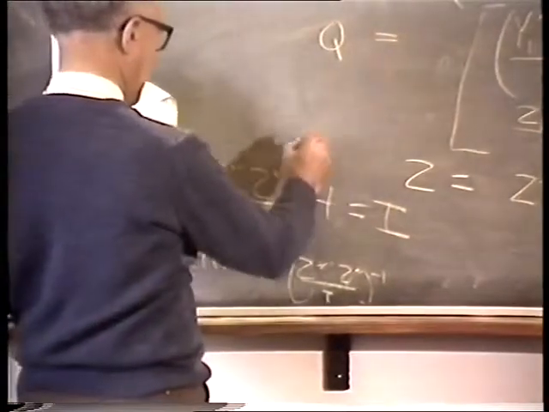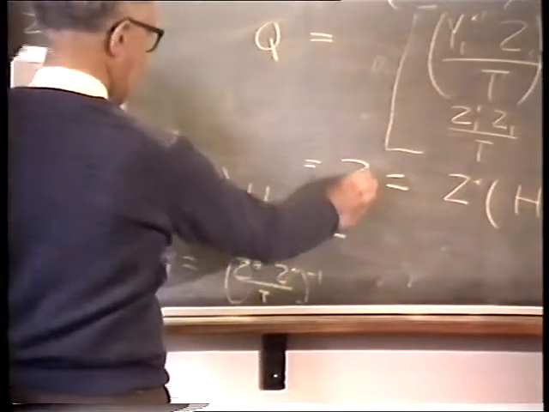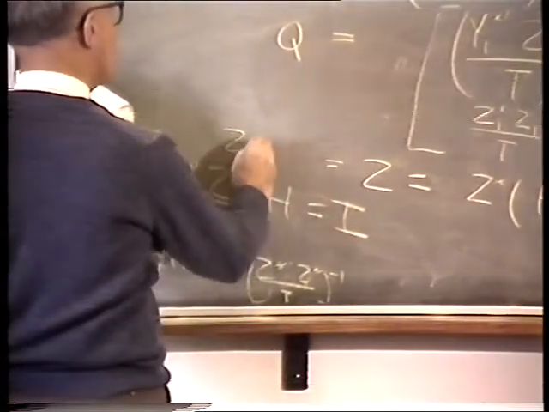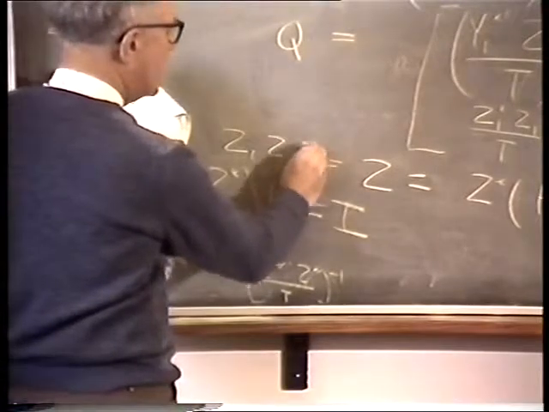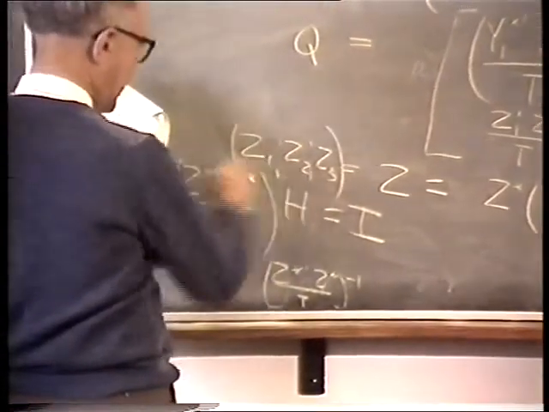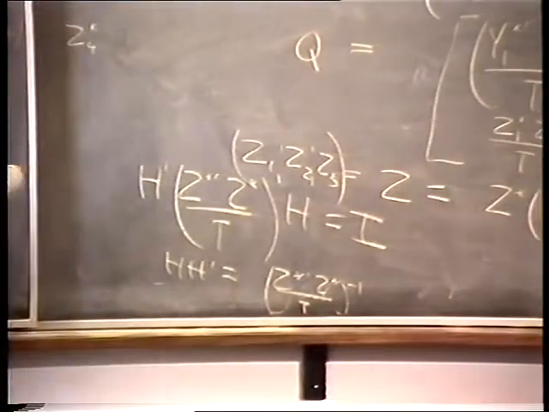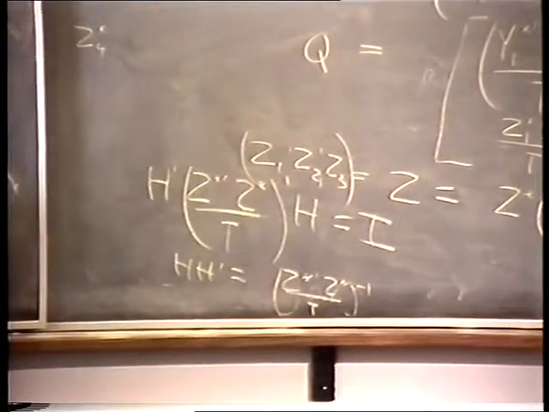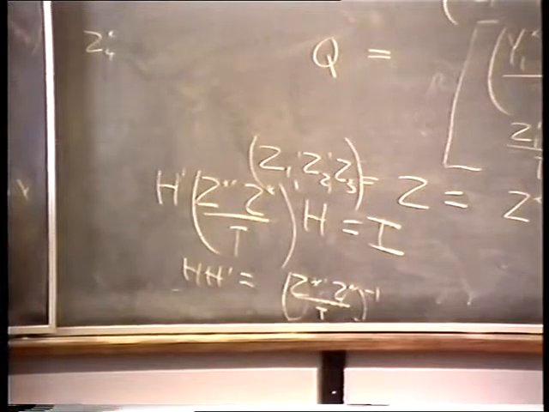If we split the Z matrix up into Z1, Z2, Z3, using the same number of columns in each case as we used to define Z1 star, Z2, Z3.